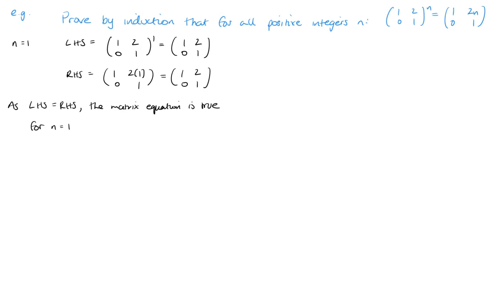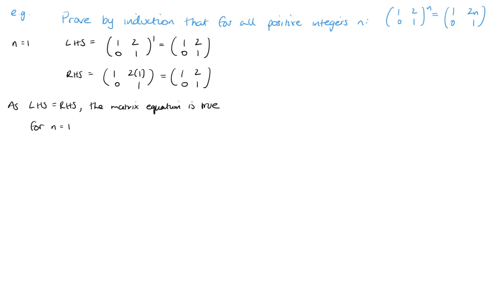And that would mean then that we have 1, 2, 0, 1 to the power k equaling 1, 2k, 0, 1. Sorry, I messed up a little bit there. Right, so that is our assumption step.